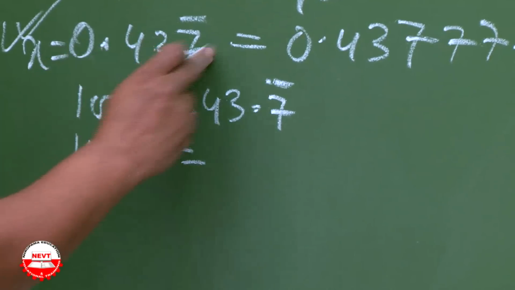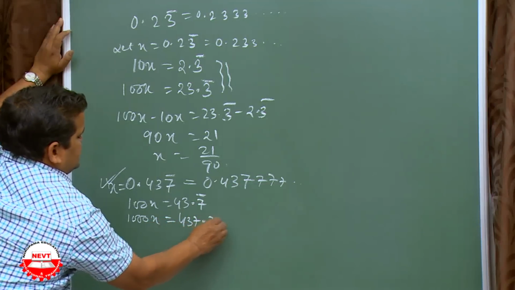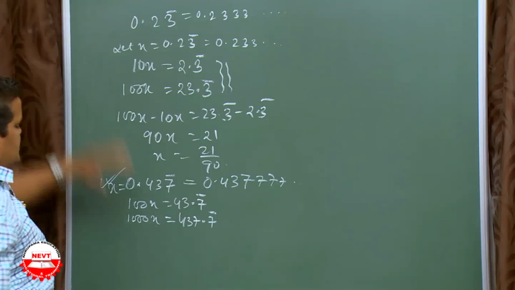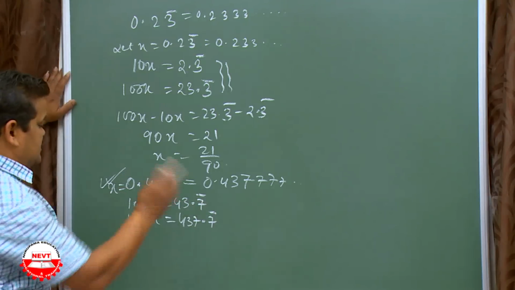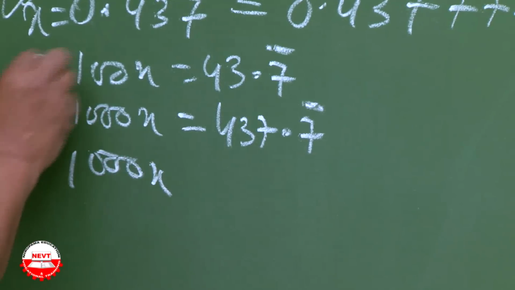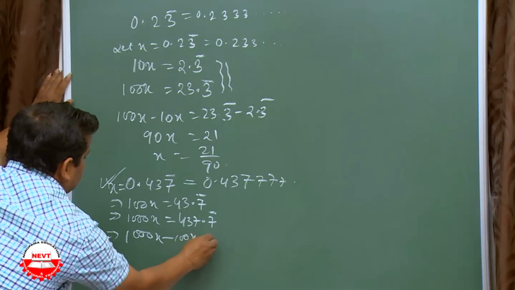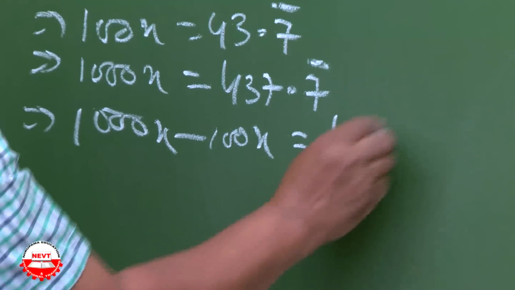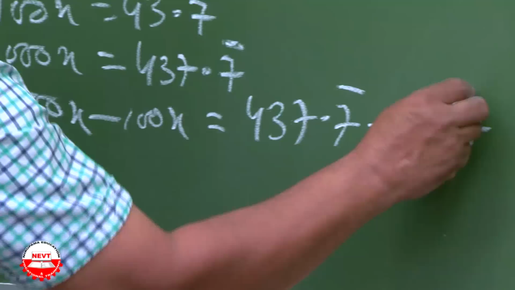So do 1000x, which is 437.7 bar. Now you can subtract easily, because the bar will cancel, and you can get your desired number. So 1000x minus 100x is equal to 437.7 bar minus 43.7 bar.